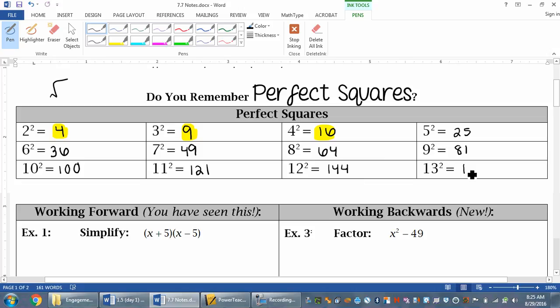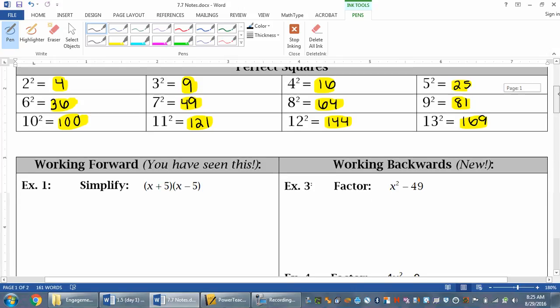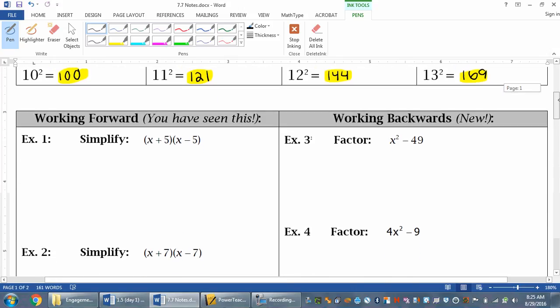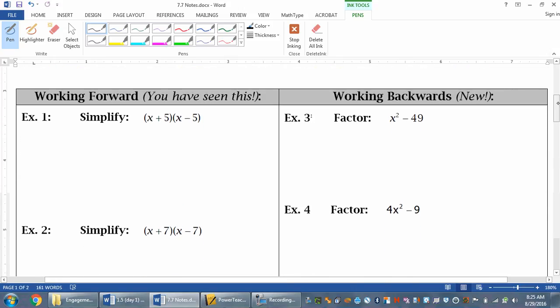And lastly, 13 squared is 169. Again, 25, 36, 49, 64, 81, 100, 121, 144, 169. Those are all my perfect squares from 1 through 13.